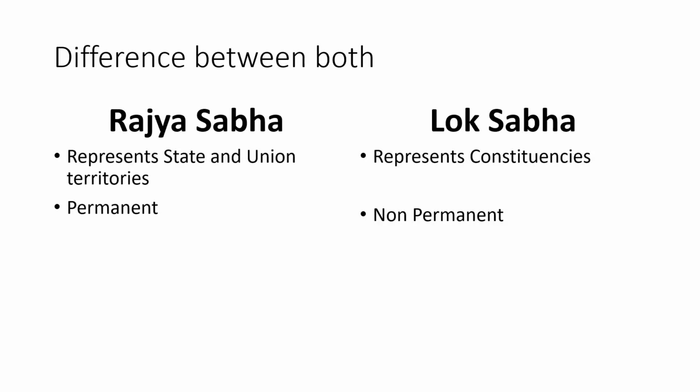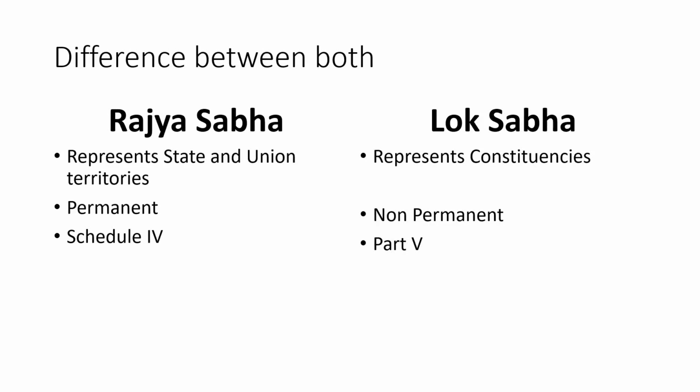Because Rajya Sabha never gets dissolved, but Lok Sabha gets dissolved every 5 years, or if the president wants, then Lok Sabha can be dissolved, and if no confidence is found, then also Lok Sabha can be dissolved. Rajya Sabha is covered in the constitution in Schedule 4, and Lok Sabha is written about in Part 5. So this was some basic information about the Rajya Sabha and Lok Sabha.